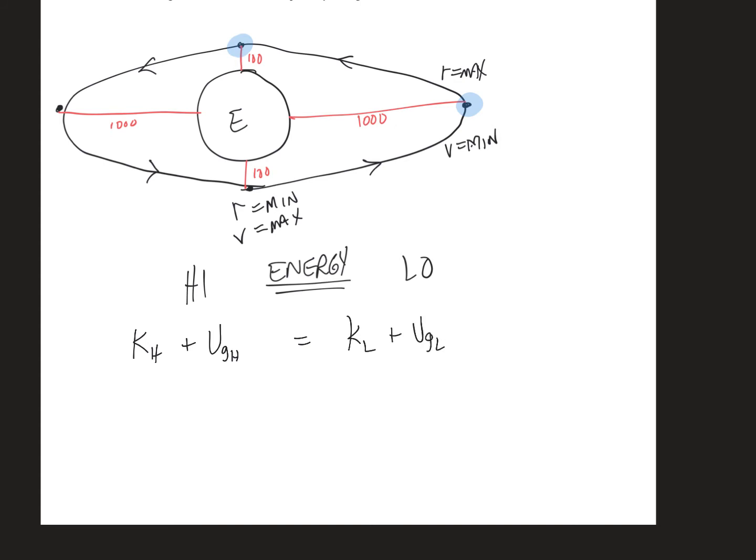Okay, so 1/2 m V high squared plus, and this is what's not obvious, this kind of potential energy is by definition negative.